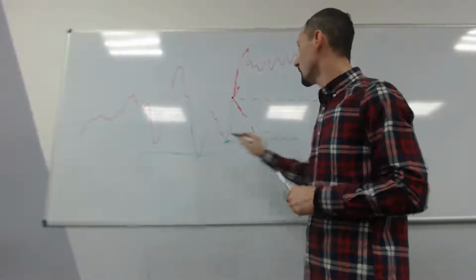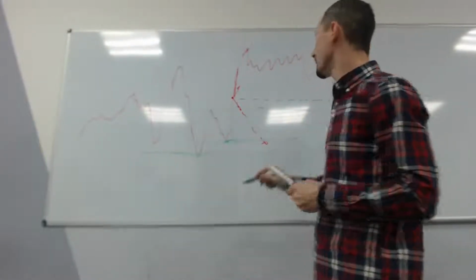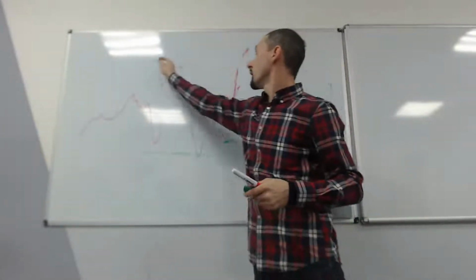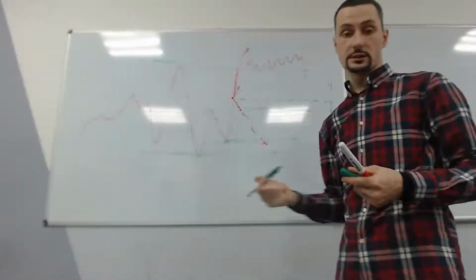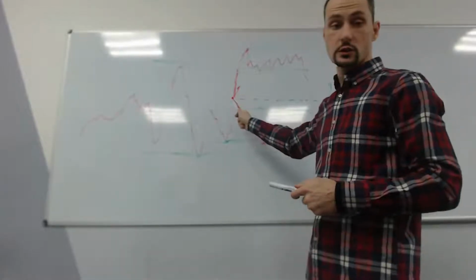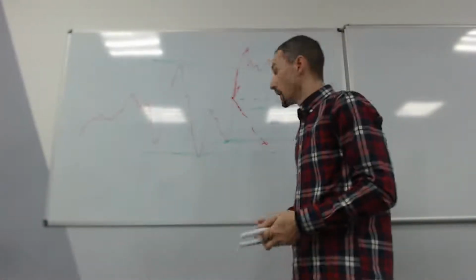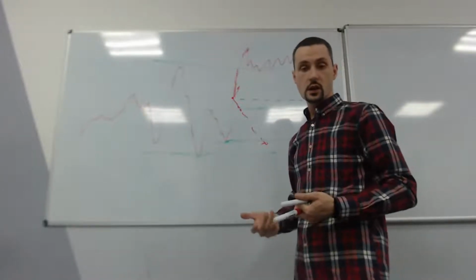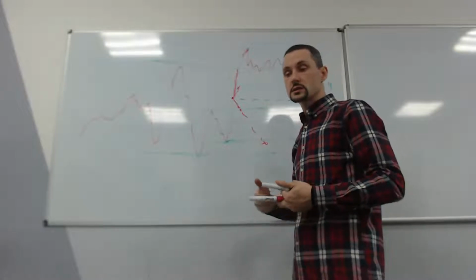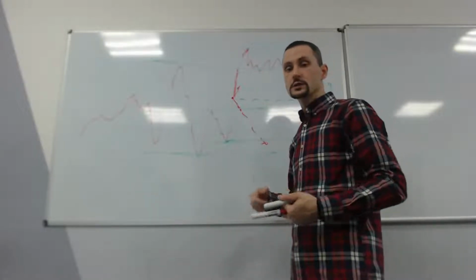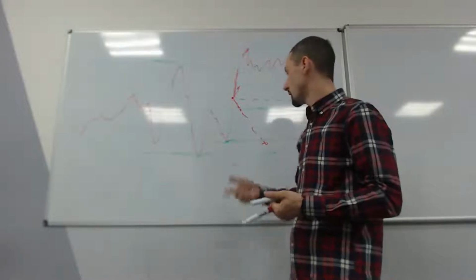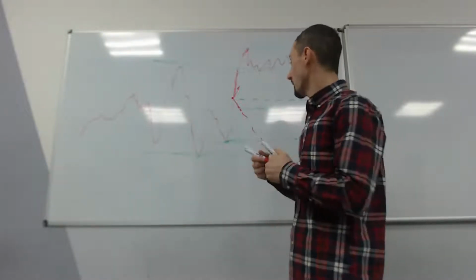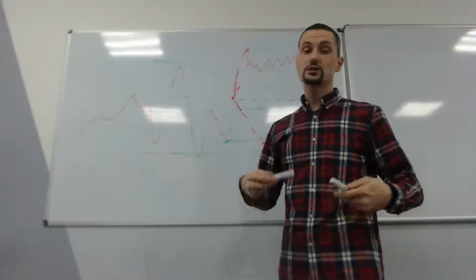Here we have a support line. Here we have a support line. And here we have a resistance line. Anyway, at this point, we don't know where to go. And the problem is to understand where the price is intending to move. What is the main idea? What is the main direction of its movement? And what is the main trend?